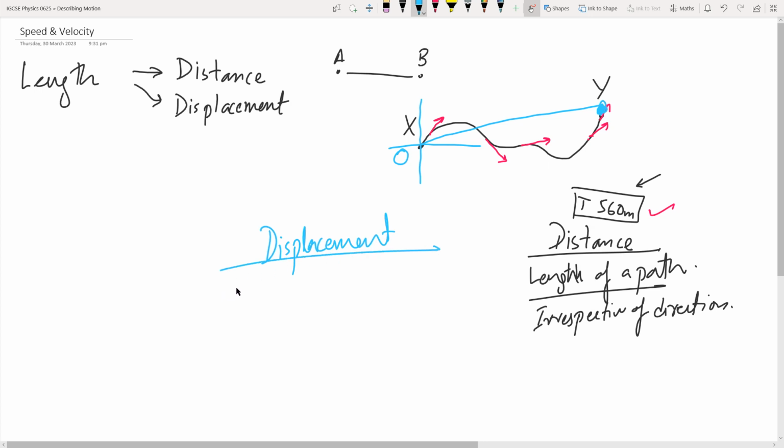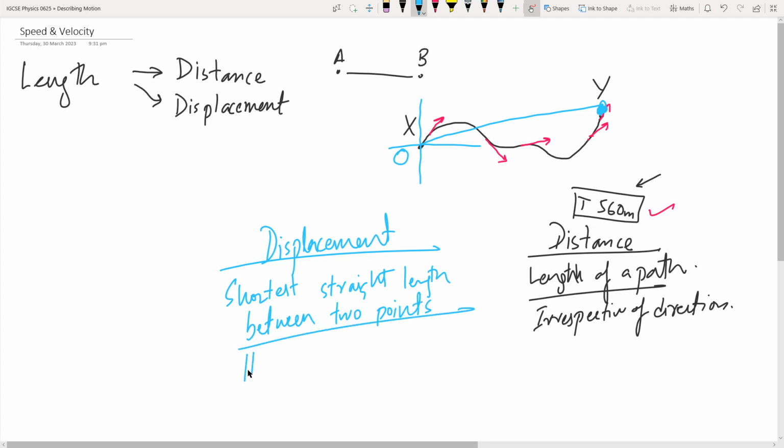It represents the shortest straight line length between 2 points. Also it refers to position change, right?